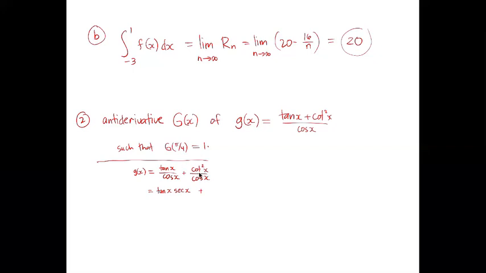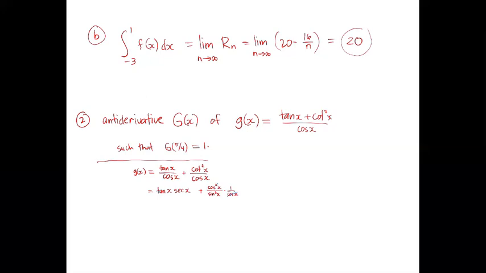Plus, for the second one here, cotangent squared x, we rewrite it as cosine squared x over sine squared x. And you still have this 1 over cosine x. So, of course, you can cancel this and this.